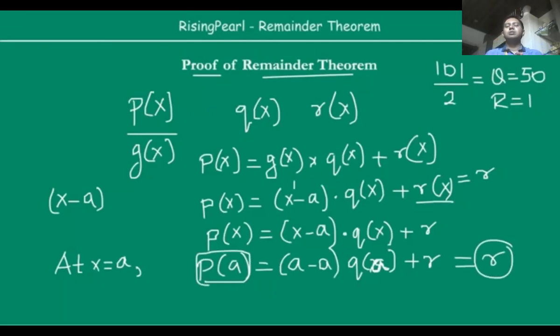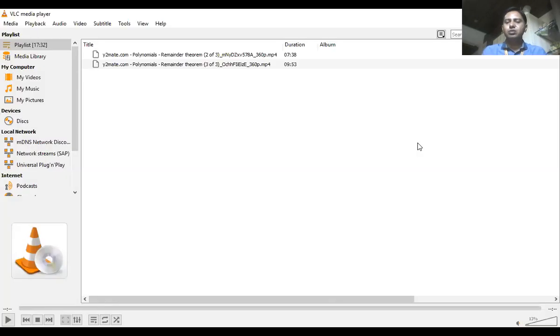The remainder theorem says that on dividing two polynomials, one whose degree is greater than or equal to 1 and the other whose degree is 1, that is a linear polynomial, we get the remainder as P(a) if dividing by x minus a, and P(minus a) if dividing by x plus a. This is all about the remainder theorem.